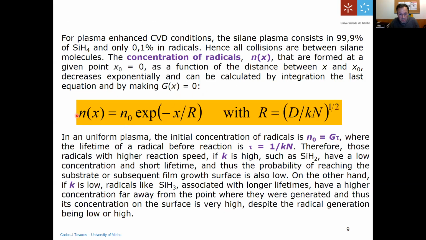So if you have a uniform plasma, okay, and don't forget that it consists mostly of silane, the initial concentration of the radicals is actually this pre-exponential factor, this N0, and this equals G times tau, where tau is the lifetime of the radical before its reaction on the surface.